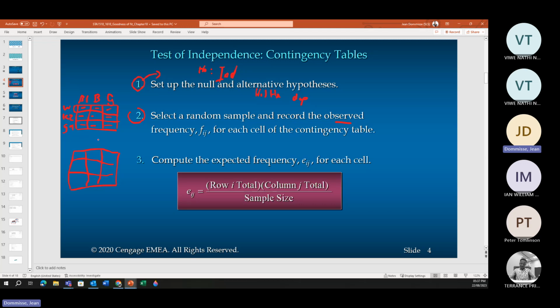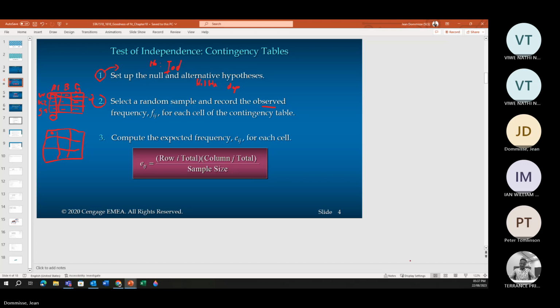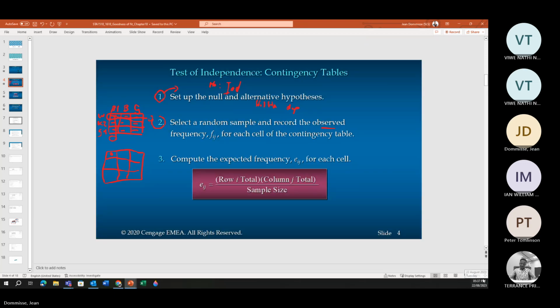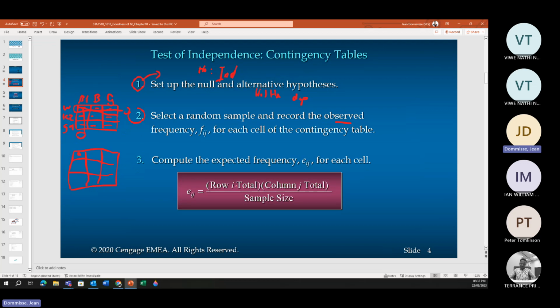So the formula to get this number is basically you take the sum of the blue, you take the sum of the white, you multiply it by one another.